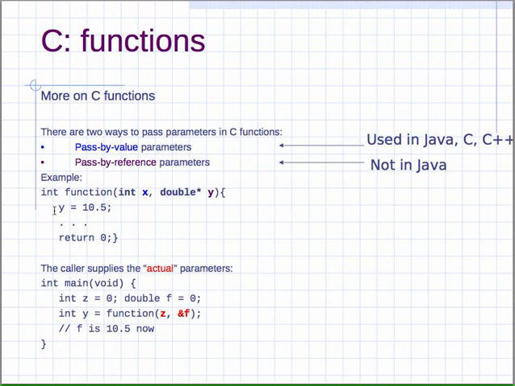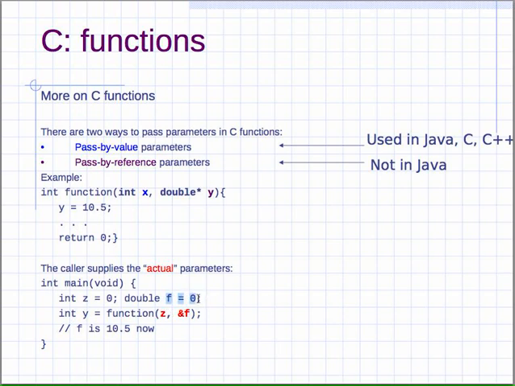Okay, so the idea is that normally when you pass in a double precision number, you can change it inside the function, but those changes are not reflected when you return from the function. But if you pass in a pointer, you're changing the actual location of f.